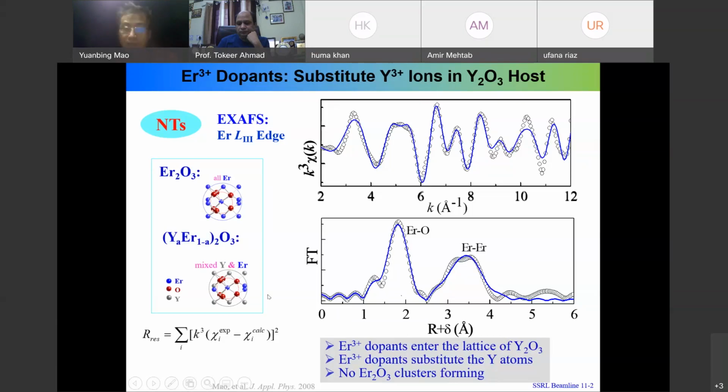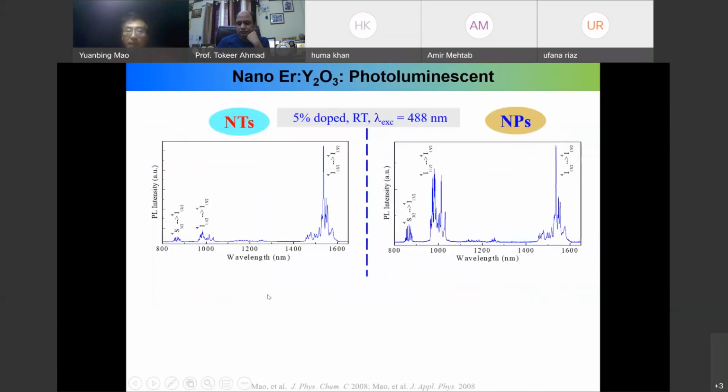So that tells us. And then, when we look back to the luminescence, we can see that this is in a very broad range, right? When the samples are excited by a 488 nanometer laser, we can see there are a few groups of peaks at different wavelength ranges.